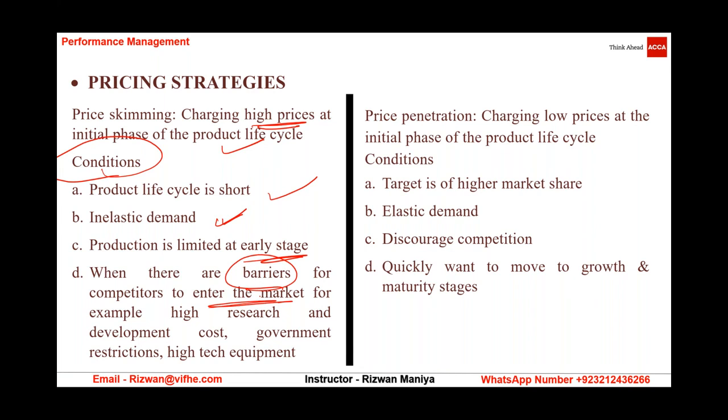Will you use skimming here? Yes. Coronavirus vaccine will have an inelastic demand. The higher you charge the price, people will be ready to pay. So barrier means not easy to enter the market due to high research and development cost, high equipment or patents.